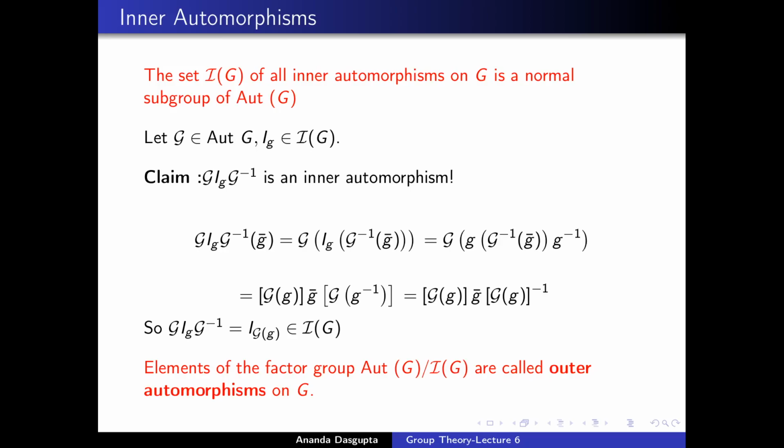The cosets that we are talking about here basically lump all the automorphisms which differ only by an inner automorphism together into a single element. So what we are really looking at are essentially different automorphisms when we consider this group called the group of outer automorphisms. I hope this will be clearer later when we see more of this in action.